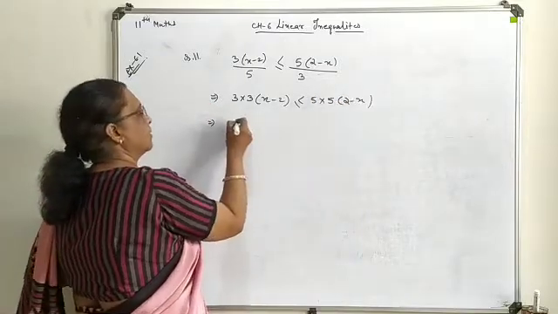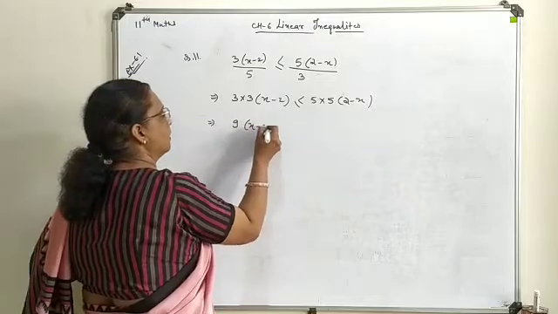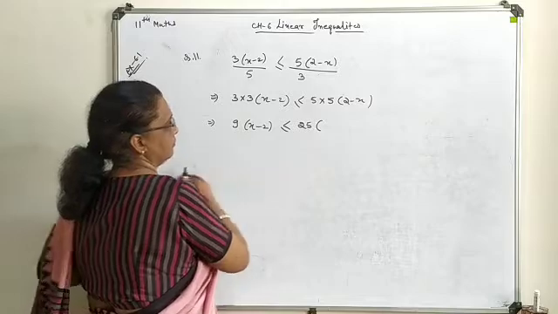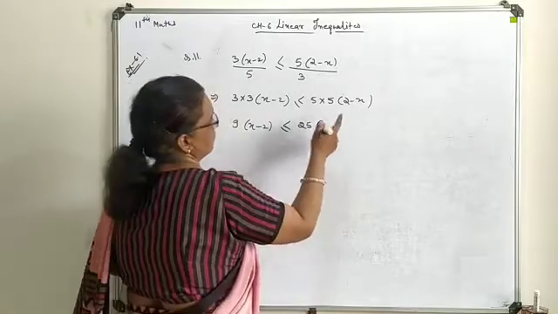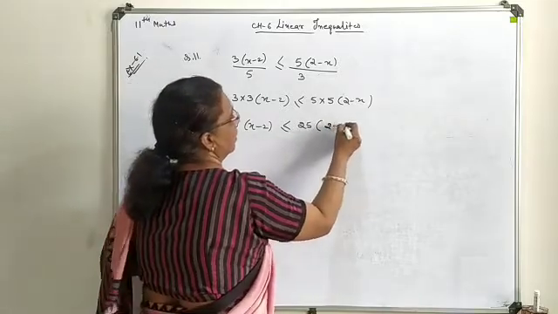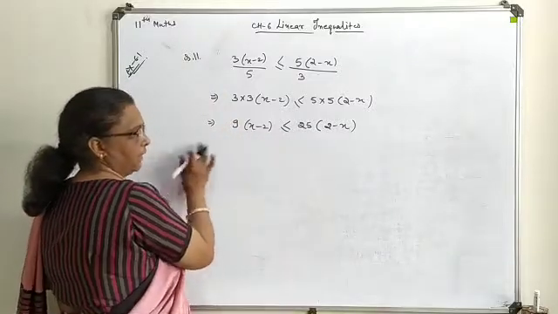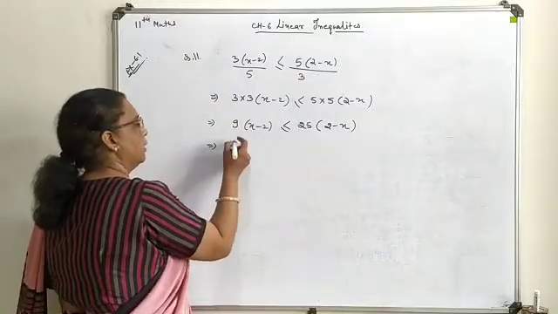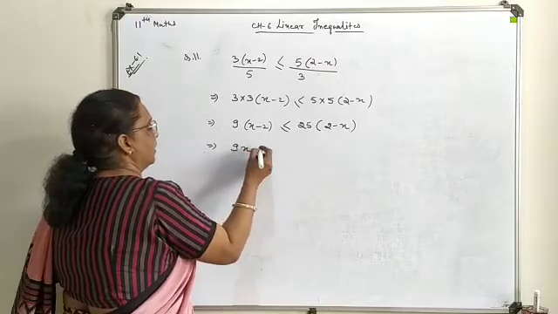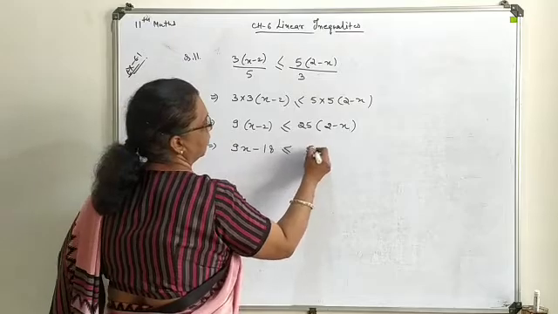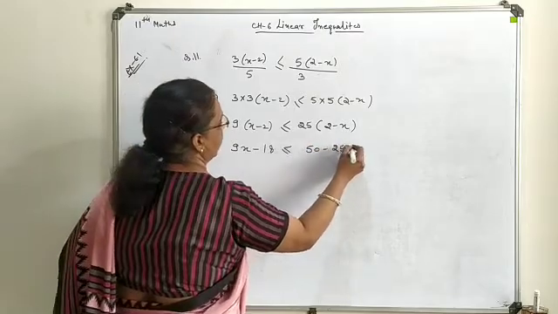Make them multiply. This is 9x minus 2, then 25. Multiply this constant inside the bracket, so that will be 9x minus 18, 25 into 2 is 50, minus 25x.